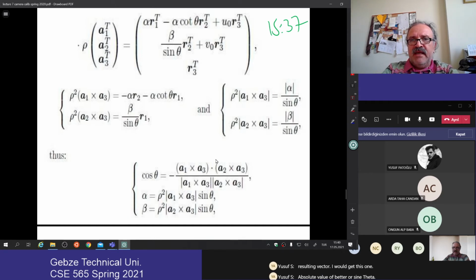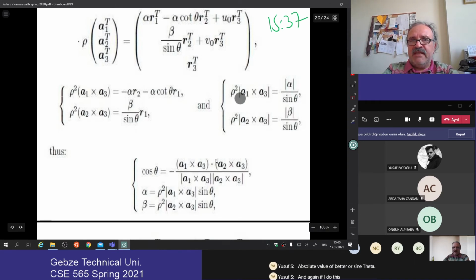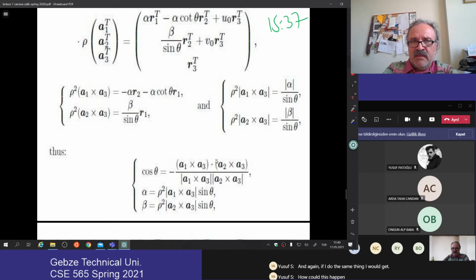And again, if I do the same thing, how could this happen? Because I am getting the length of it, taking the square of it. If I take the square of this vector, R2 squared will be 1, R1 squared will be 1, and these two multiplied together will cancel each other.